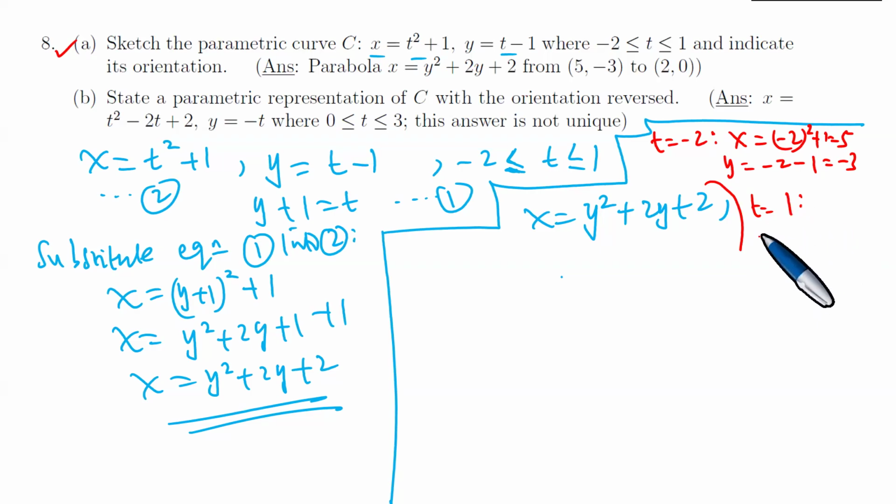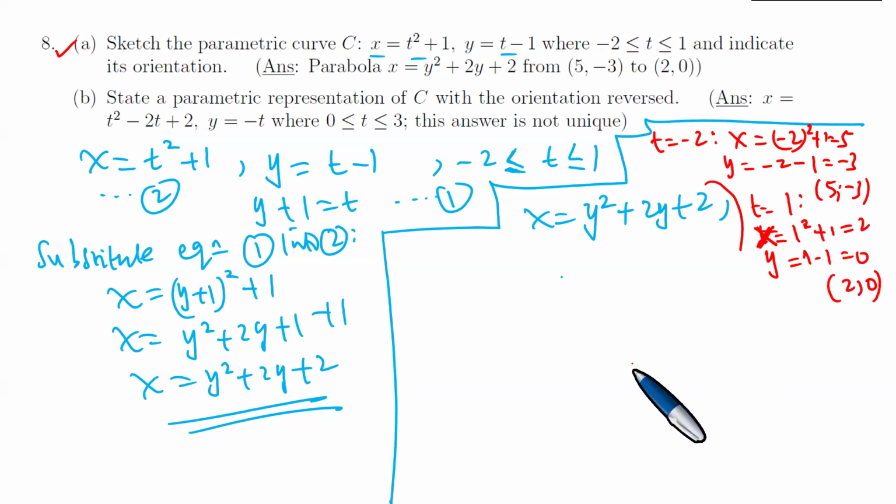Whenever t is 1, x equals 1 squared plus 1, which is 2. Y is 1 minus 1, which is 0. So you'd have (5, -3) and (2, 0). So this is the initial point, and then this is the final point.